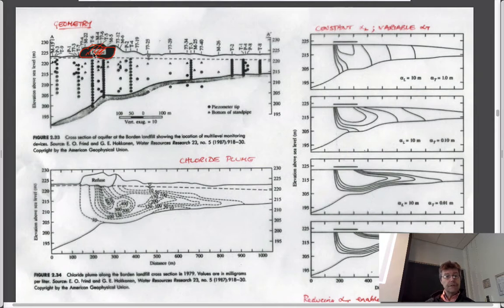And this stuff has been leaching into the groundwater over time, maybe lined, not lined, I'm not sure. And there's some flow regime which presumably, if these are the contours of chloride concentrations, then you don't have to look very long at this to be able to figure out it must be flowing from left to right, because all the transport of this is with the transport of the fluid.